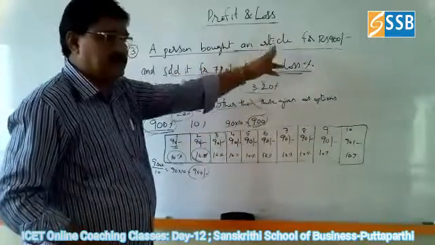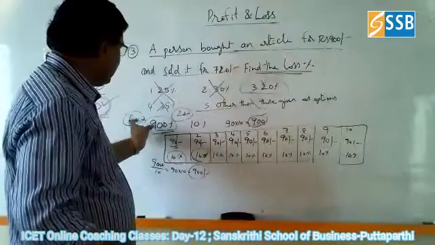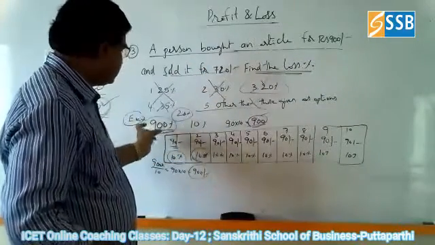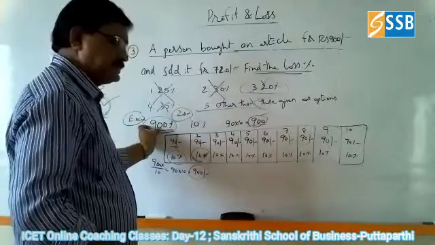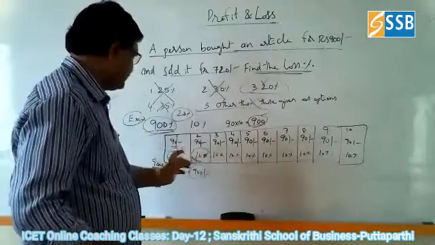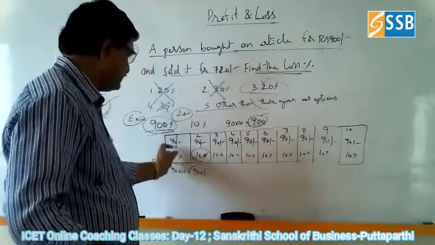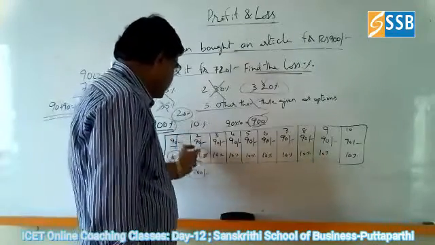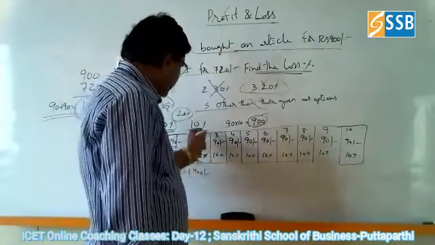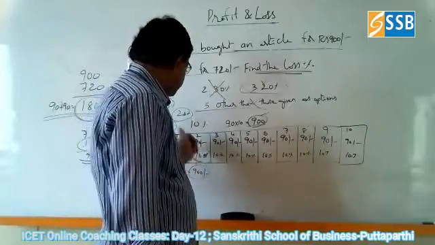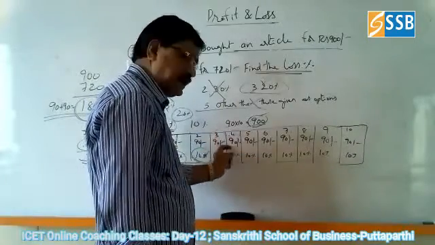Find the loss percentage. For a simple answer, I split 900 rupees into 10 parts, meaning 10% each. First part is 90 rupees, that is 10%. Second part is 90 rupees, 10%. Again third part 90 rupees, 10% of 900.